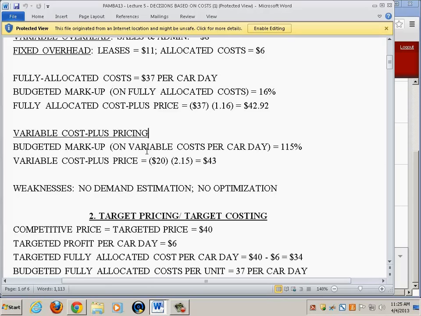If we overpriced and we can sell only 20 car days a year, right? So that's not very good, right? So obviously, we are not in a position to determine how much we will charge, in this case $43, and at the same time also to determine how many units we'll sell.